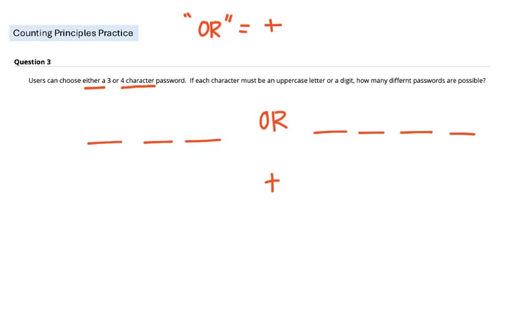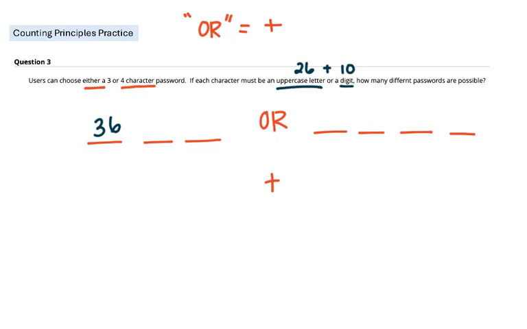Each character must be an uppercase letter or a digit, and we want to know how many different passwords are possible. So each time you can either choose one of 26 letters or a digit. So basically for each slot we have 36 choices.